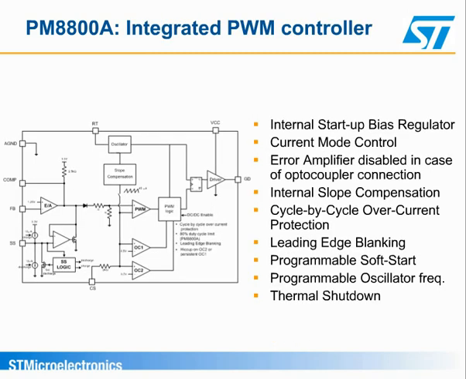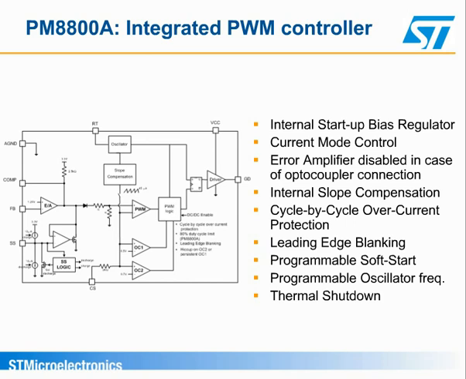The PM8800A integrates an advanced current mode PWM controller that operates in both isolated and non-isolated configurations. In non-isolated topology, the internal error amplifier is used, while it is disabled for isolated topologies. The device features 80% maximum duty cycle with internal slope compensation.